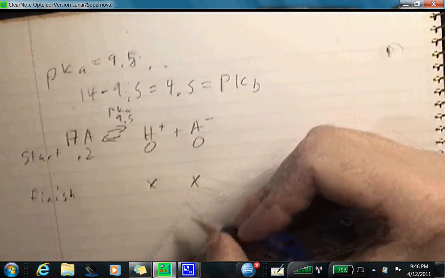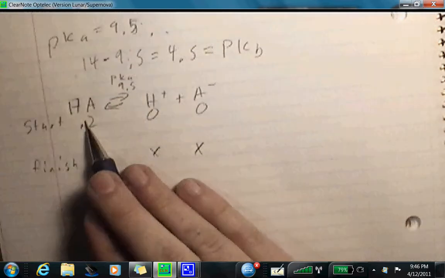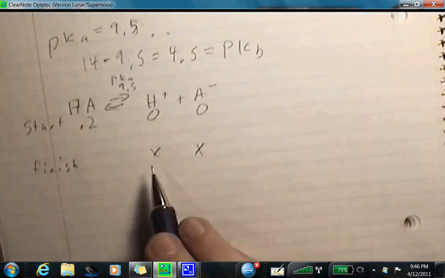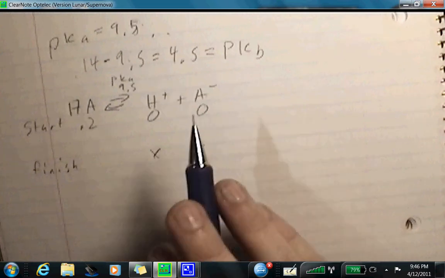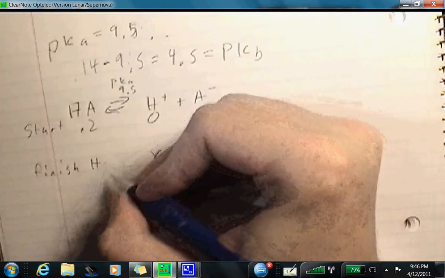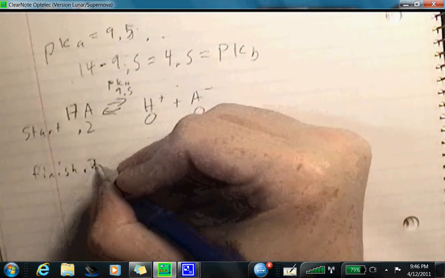And this is going to be basic stoichiometry. One molecule of this is going to make one molecule of this and one molecule of this. So that's why these are both x. We're just going to put in a variable because we're not sure. And then this will be 0.2 minus x.